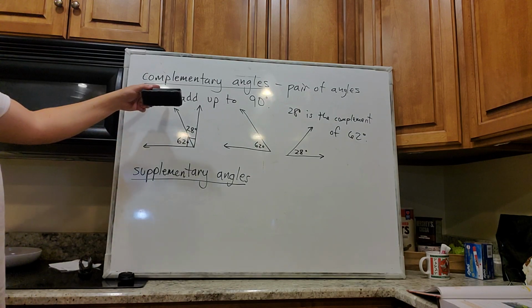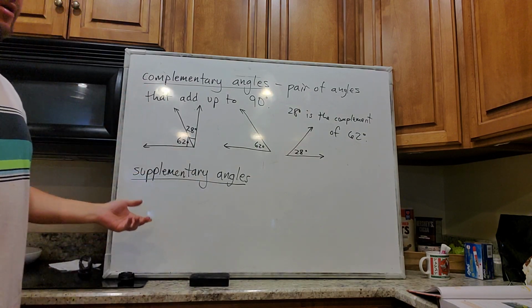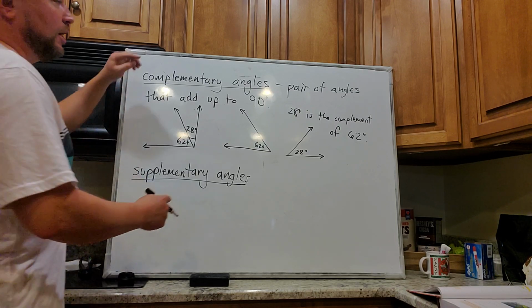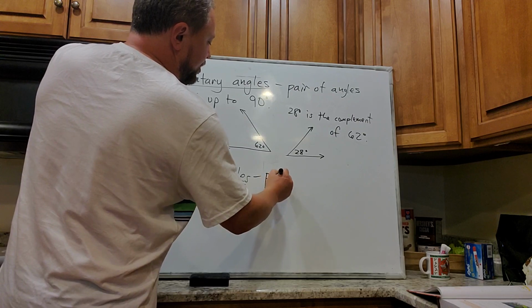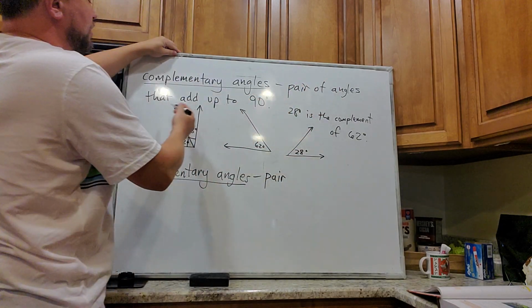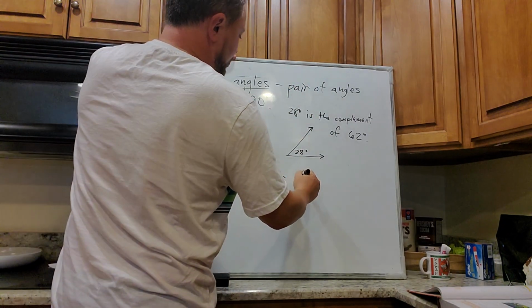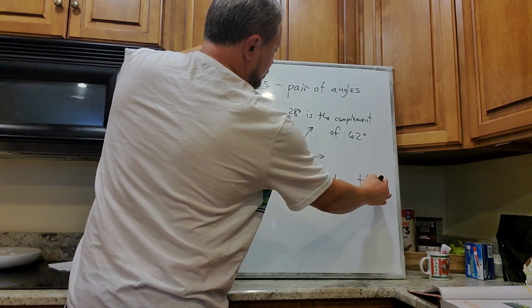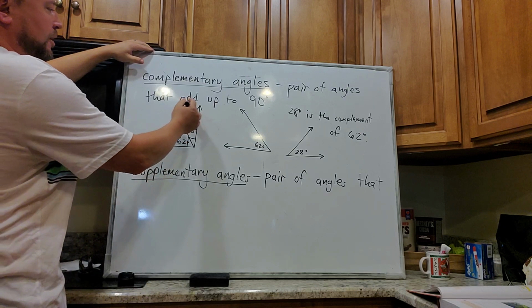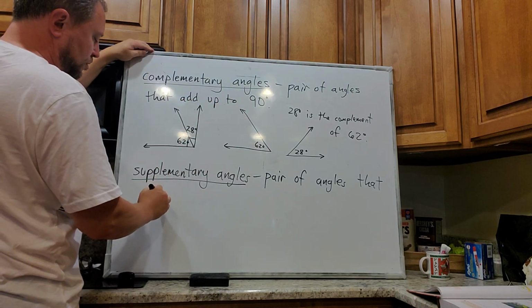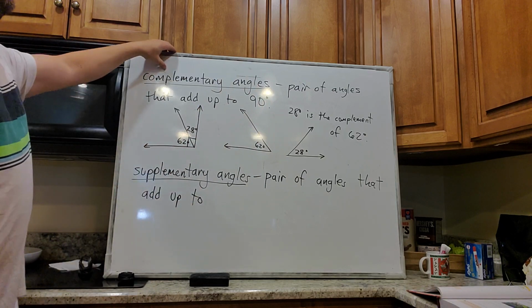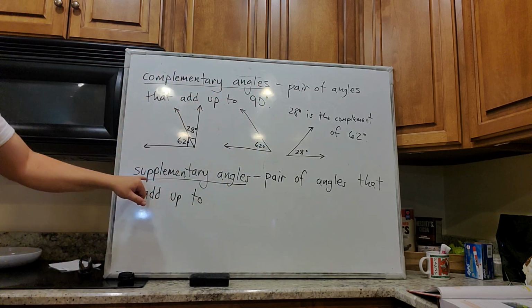Now, everything I just set up for complementary angles is going to apply to supplementary angles, with one exception. In our definition here, it's again a pair of angles that add up to a certain amount. Here's the difference. Complementary adds up to 90.